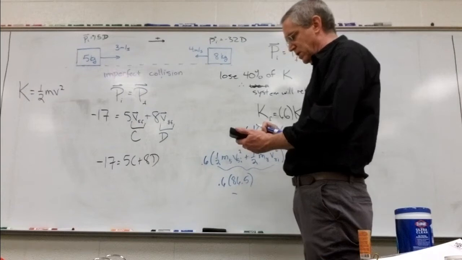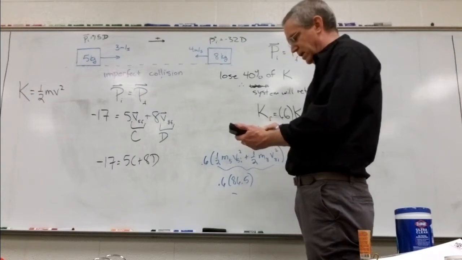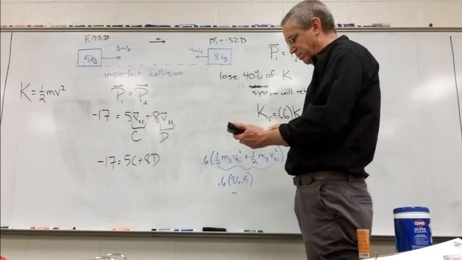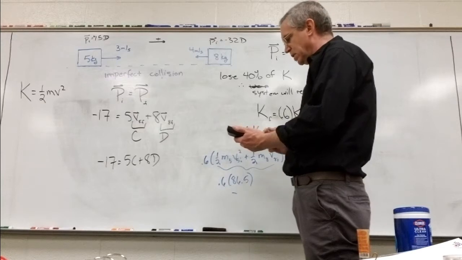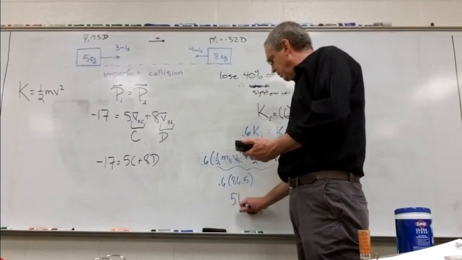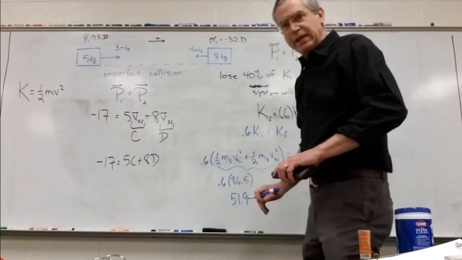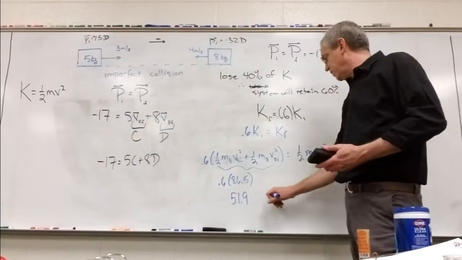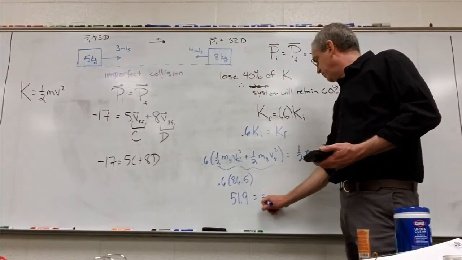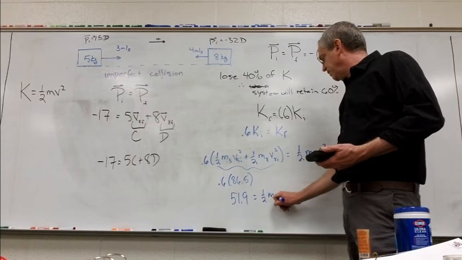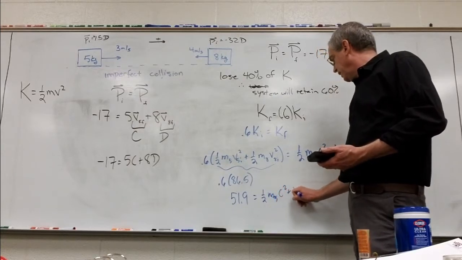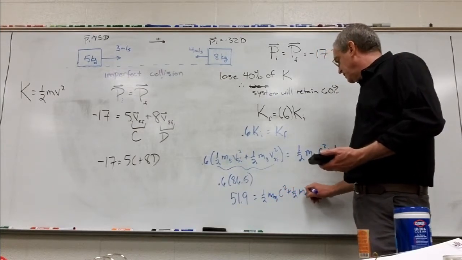Oops, mistake there. So 86.5, enter, 0.6 times. So 51.9 joules, that's the total kinetic energy afterwards because we lost 40% of it, is equal to 1/2 mass of 5 c squared plus 1/2 mass of 8 d squared.